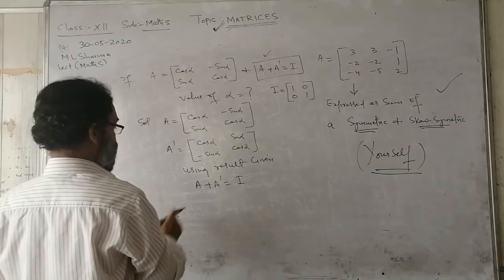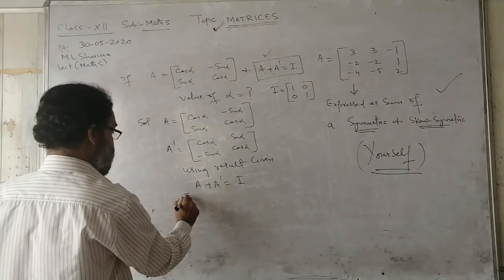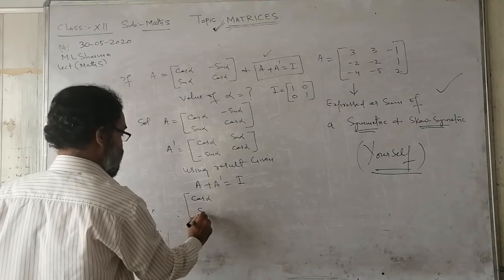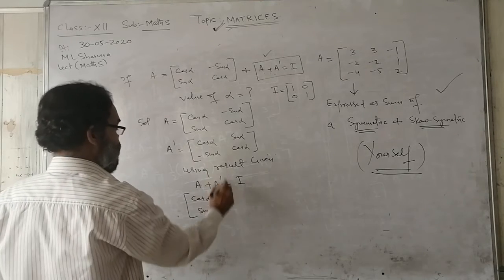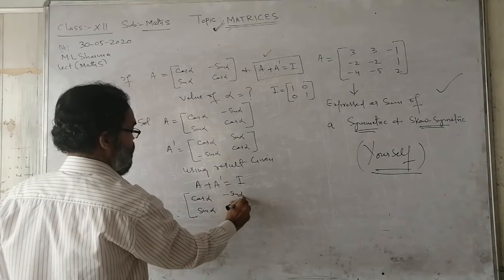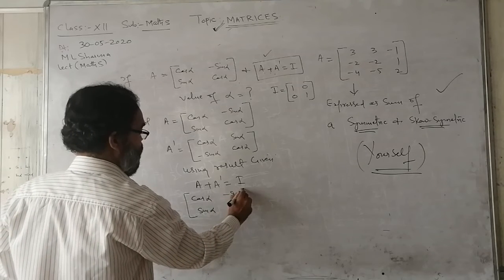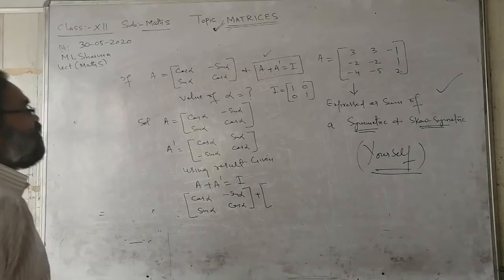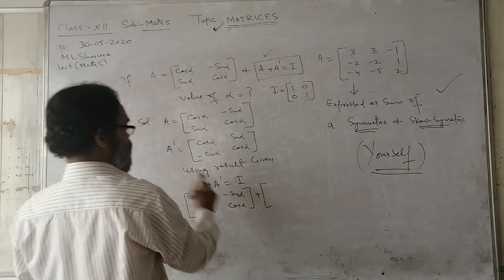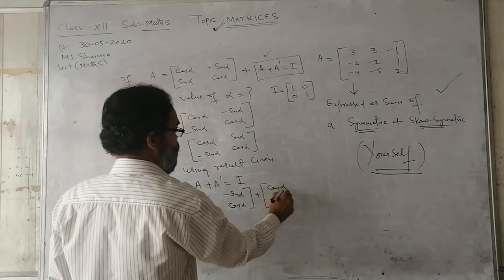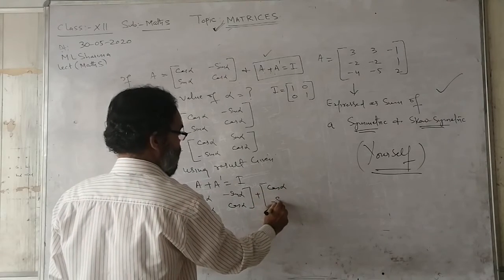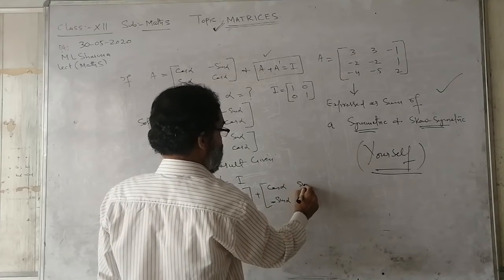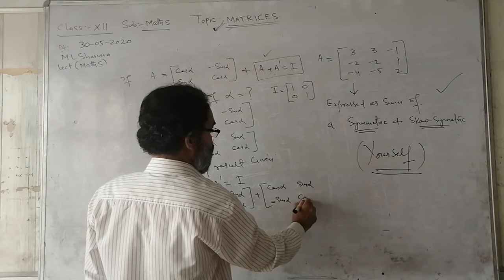So I can put the value of A, which is cos alpha, sin alpha, then minus sin alpha, cos alpha, plus A transpose, whose elements are again cos alpha, sin alpha, then sin alpha, cos alpha.